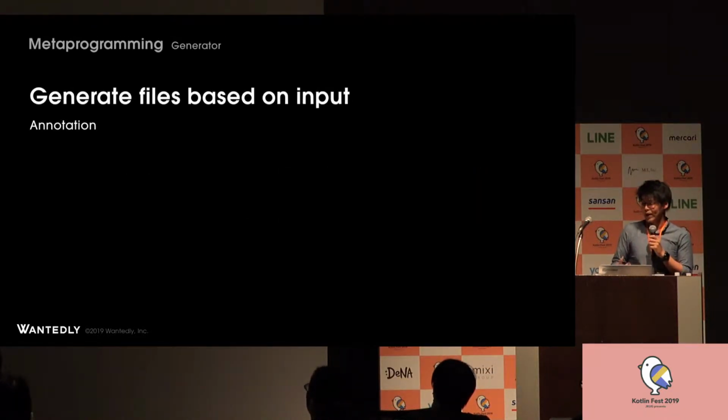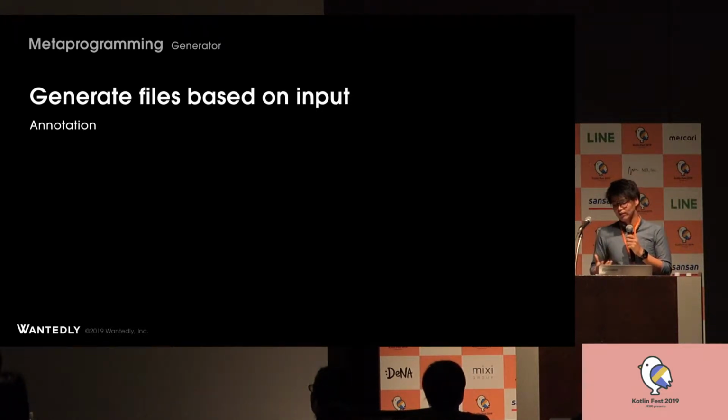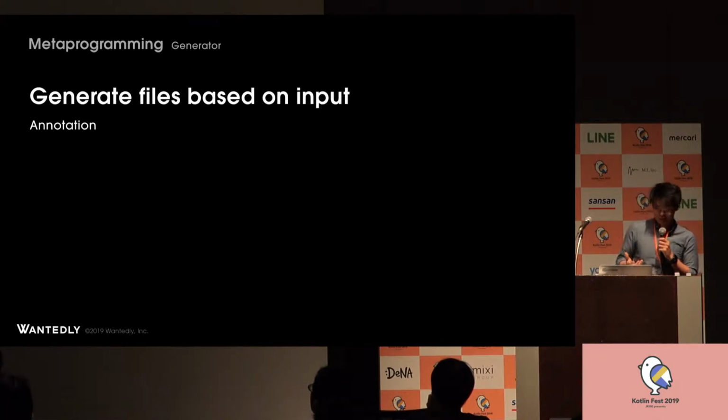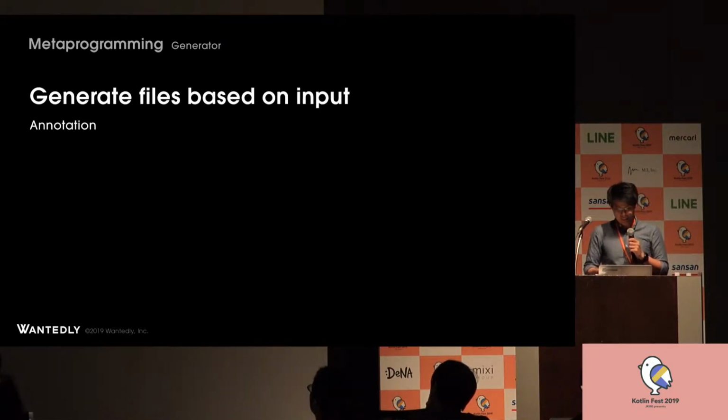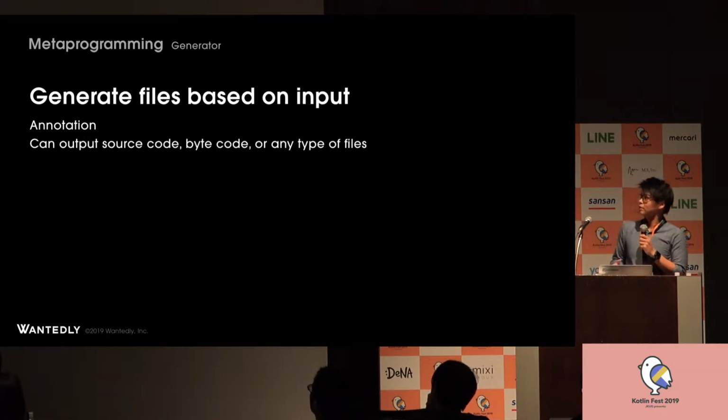In the generator pattern, we generate files based on input data. And in Kotlin, the input typically comes from annotation, but it can be from any input or files. It can generate source code, bytecode, or any arbitrary type of files.